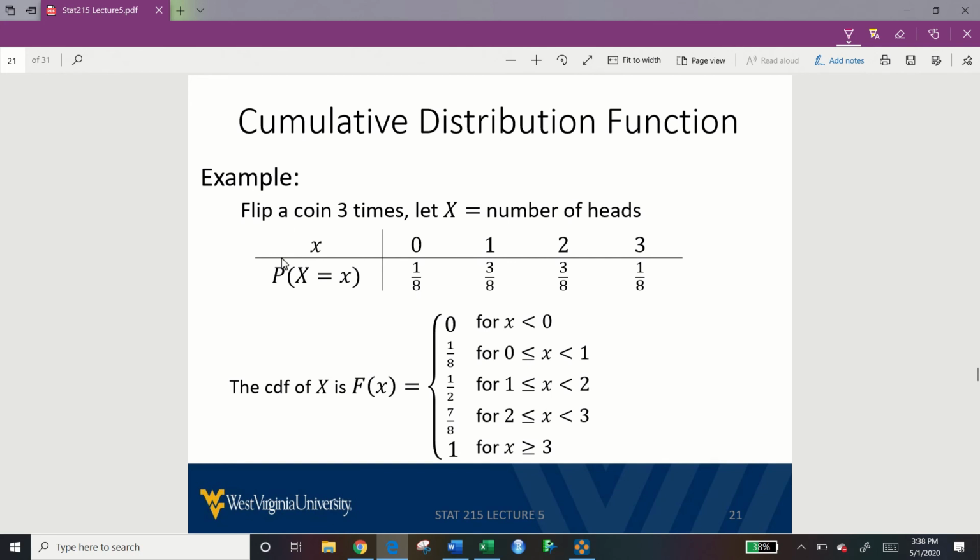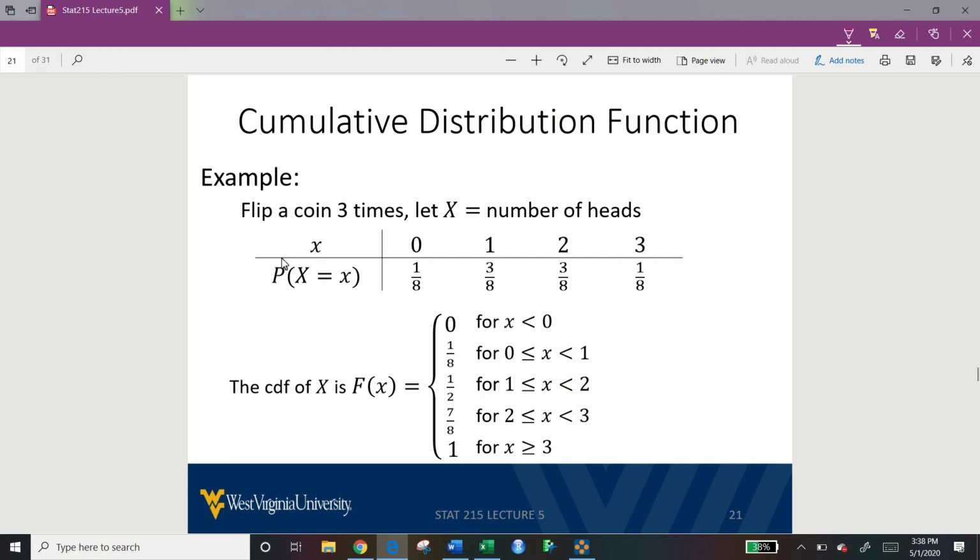Let's look at our example. So for our coin flip, which we did 3 times, we let x equal our number of heads. And if you remember for the probability, we had a 1/8 probability of having 0 heads, a 3/8 of having 1 head, 3/8 probability of having 2 heads, and a 1/8 probability of having 3 heads.